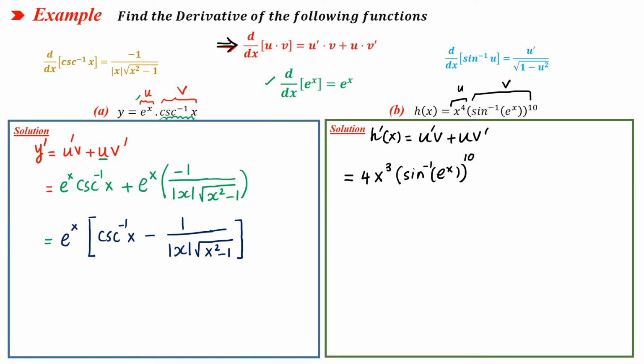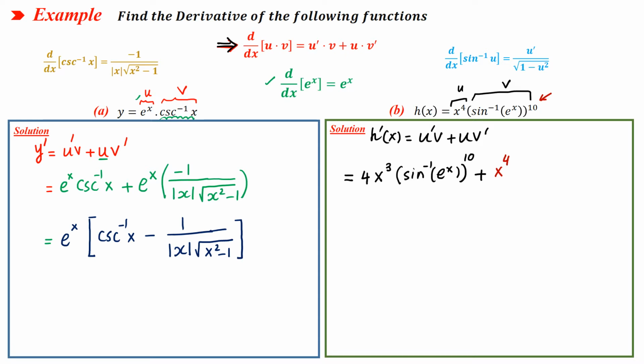This is u prime times v, then plus u times v prime, and u is the first function, which is x to the fourth power, multiplied by the derivative of the second function. But for the second function you have to use the power rule, because we have a function to the 10th power.